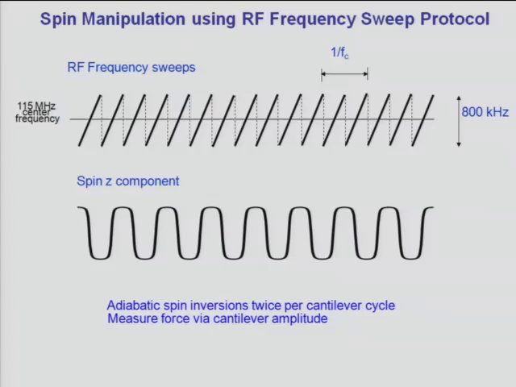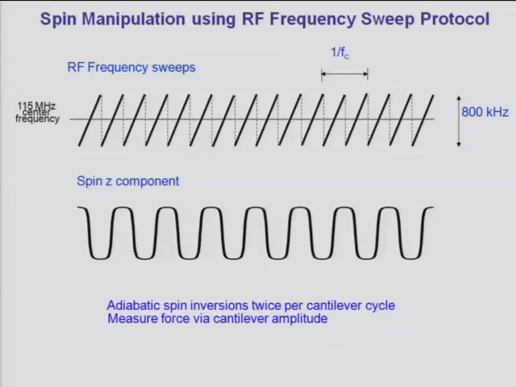So which kind of pulse sequence will we choose? Well, we choose a very simple NMR pulse sequence, which is an adiabatic rapid passage. Essentially what we do is we slowly tune through the resonance frequency of the proton spin, and we do this many, many times.